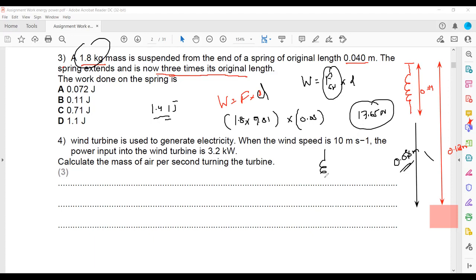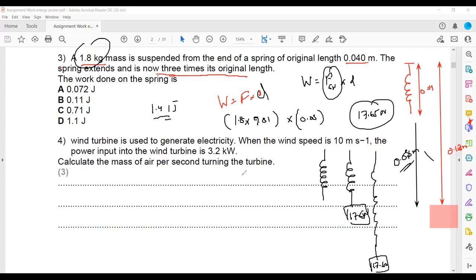But the spring was unstretched, and the moment we attach this 17.65 Newton, the spring will start to stretch to a new length, which is 0.12 meter. So whenever we apply a force on the spring, it's not like the force directly reaches 17.65.